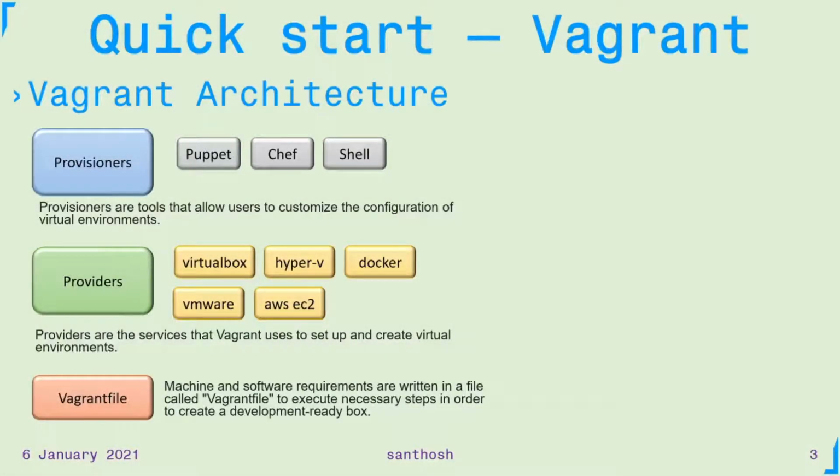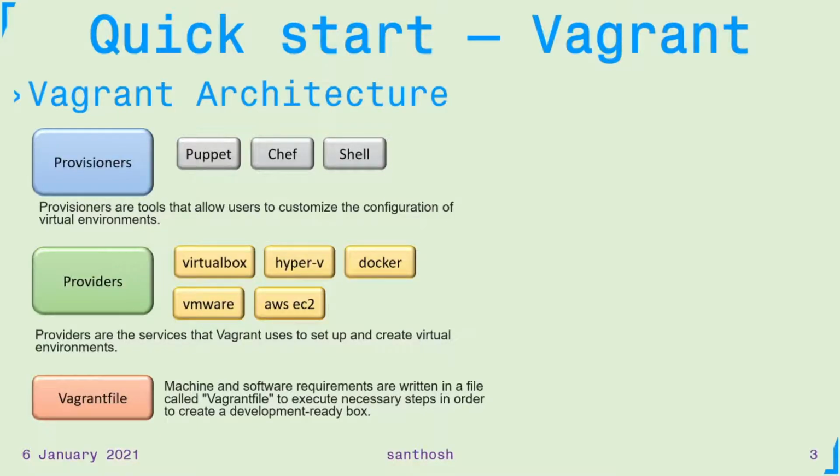Now here we see the basic terms or basic components used in the Vagrant architecture. Vagrant uses provisioners and providers. These are the two terms which you will see in the Vagrant world. Provisioners are the tools which allow the users to customize the configuration of the environment, meaning you can define in the virtual machine what software needs to be pre-installed and to be archived or shared with your colleagues.